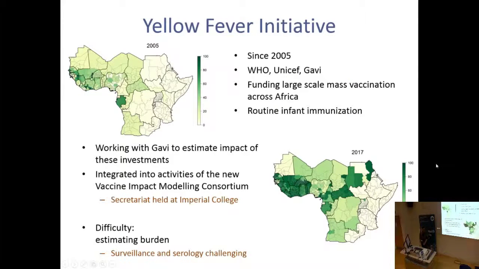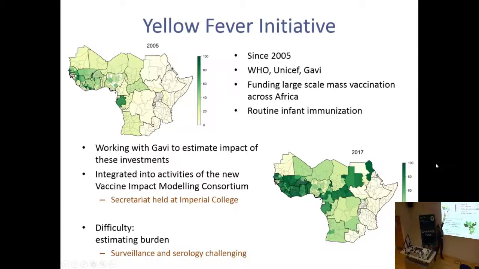In 2005, WHO, UNICEF and Gavi set up the Yellow Fever Initiative, which was set to fund vaccination at a large scale through a combination of preventive campaigns and routine infant immunization. And in 2005, we had this picture of vaccination coverage in Africa with quite limited coverage.